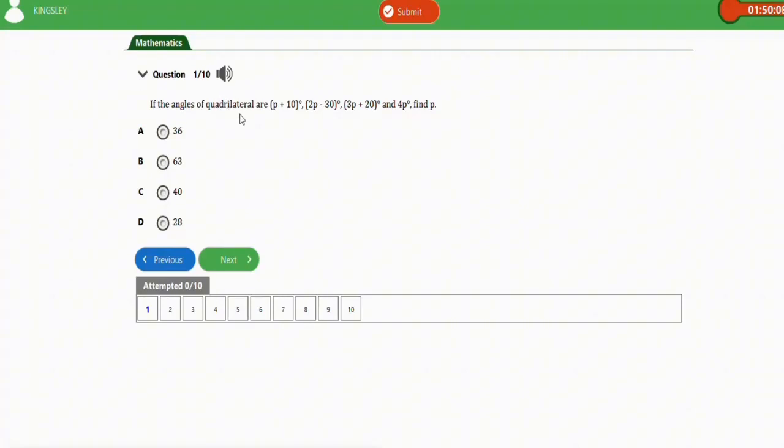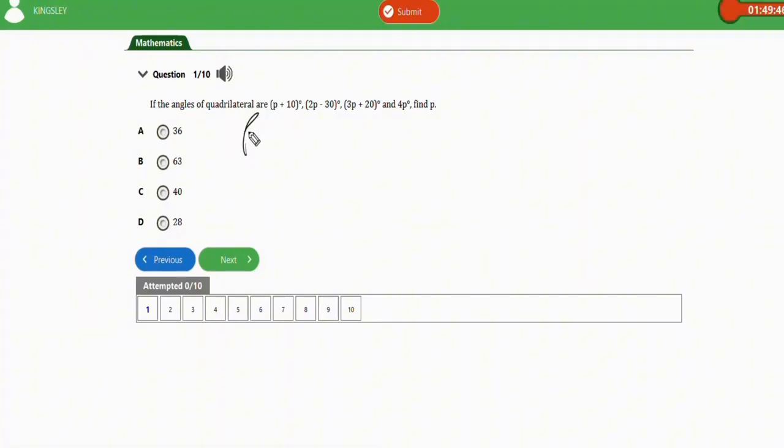It says if the angles of the quadrilateral are this expression, find P. Now to find the value of P in this question, you know that a quadrilateral is a polygon that has 4 sides and its angles sum to 360 degrees. So to find the value of P, we're going to sum everything we have here.